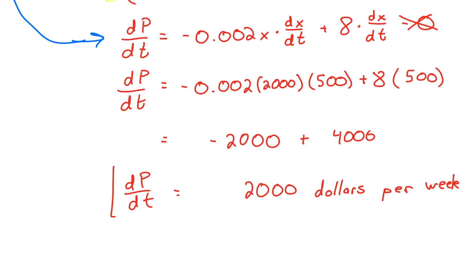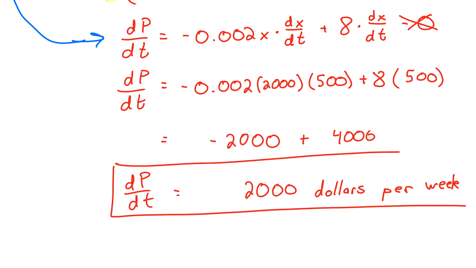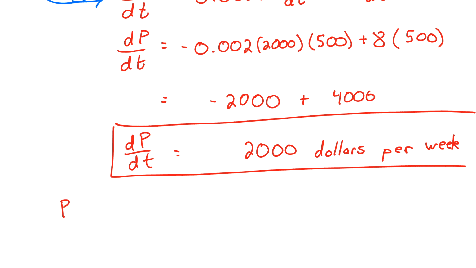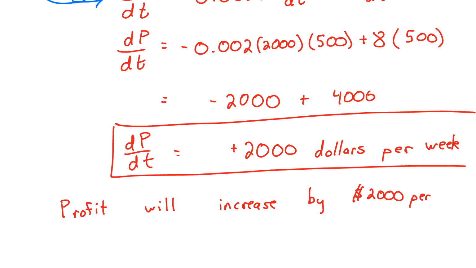And if I want to talk about what this number means within the context of my problem, I would say that the profit will, in this case, increase. Since we ended up with a positive $2,000, it will increase by $2,000 per week if we make this change.